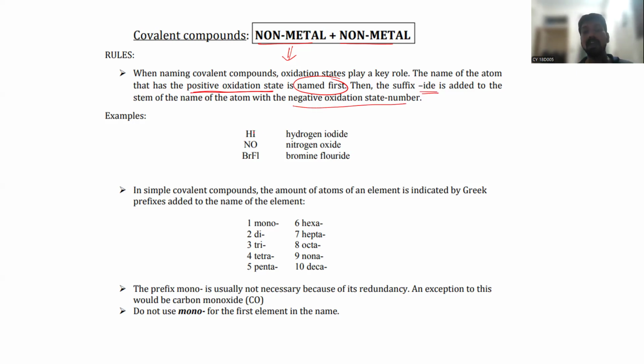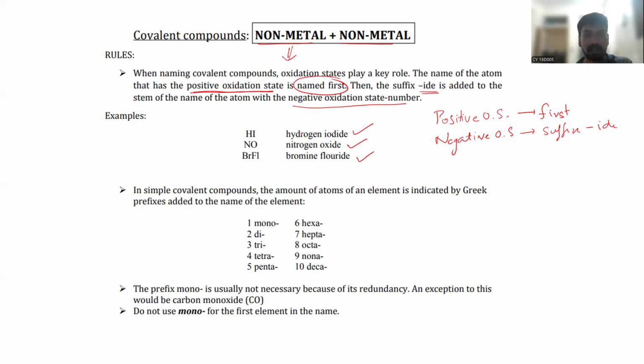HI is hydrogen iodide, NO is nitrogen oxide, and there is also barium fluoride. So the first rule, when 2 non-metals are there, is that the element with the positive oxidation state, I am writing OS for oxidation state, comes first, and the one with the negative oxidation state takes the suffix IDE.